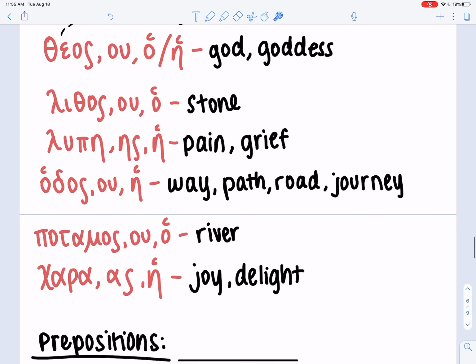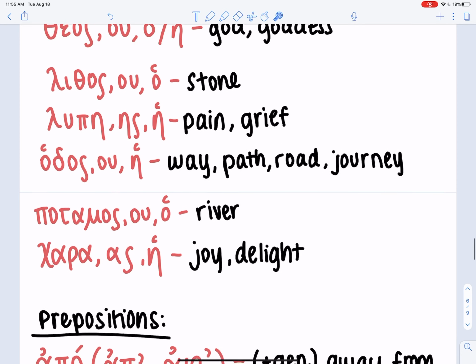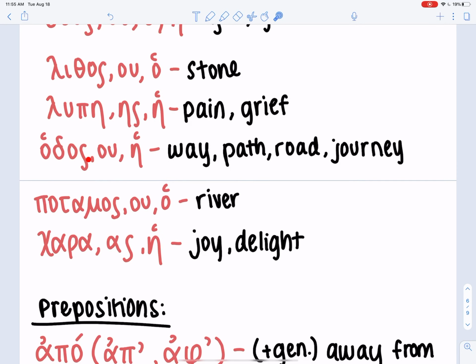Okay, next we have lithos, ho, which means stone. Then lupe, lupes, he, which means pain or grief. And then hodos, which we just used, he.